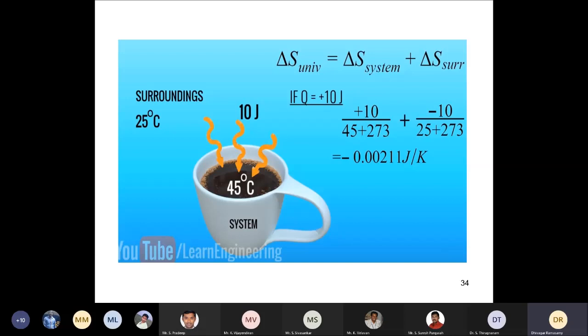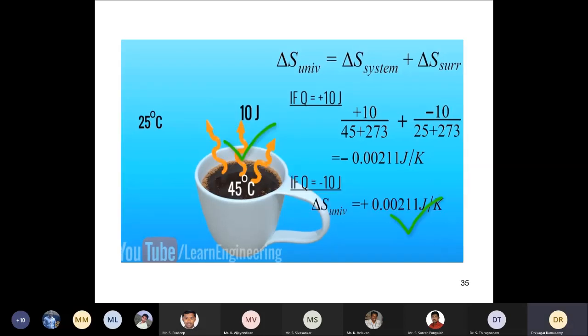We all know that the entropy of the universe is increasing. It is not at all possible. But if the coffee cup is losing its heat to the surroundings, then it is possible. Then the entropy of the system is 10 divided by 45 plus 273, and for the surroundings, minus 10 divided by 25 plus 273.